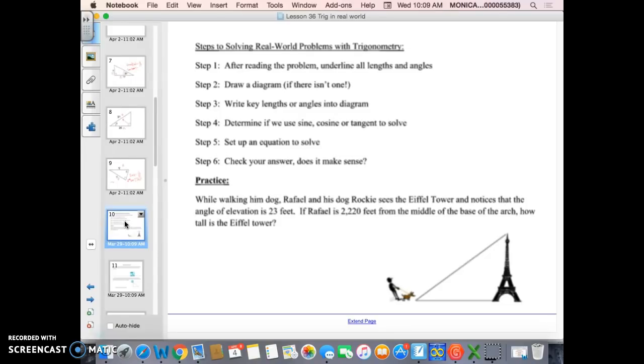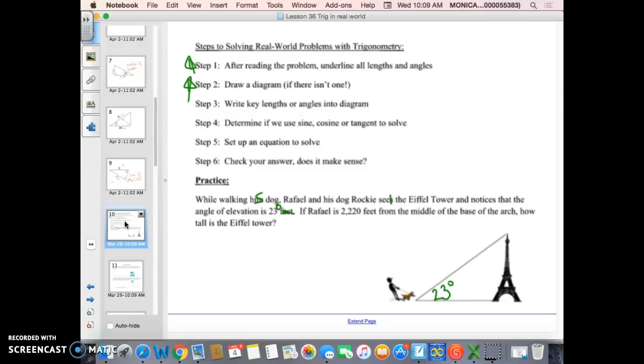It says, while walking his dog, sorry, typo, Raphael and his dog Rocky see the Eiffel Tower and notice that the angle of elevation is 23 degrees. Elevate is up.